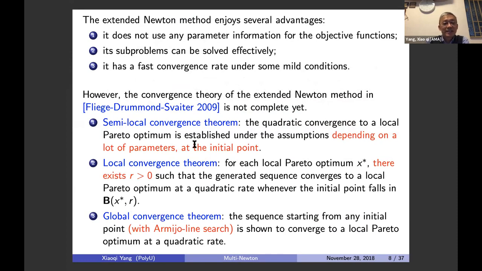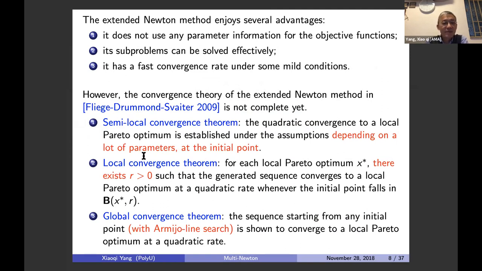We found the semi-local convergence somewhat difficult and complicated, as it depends on a lot of parameters.